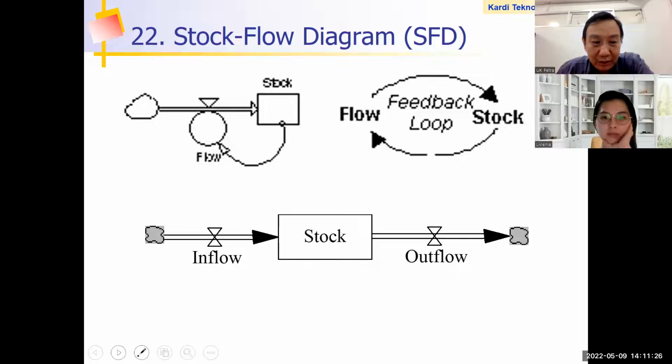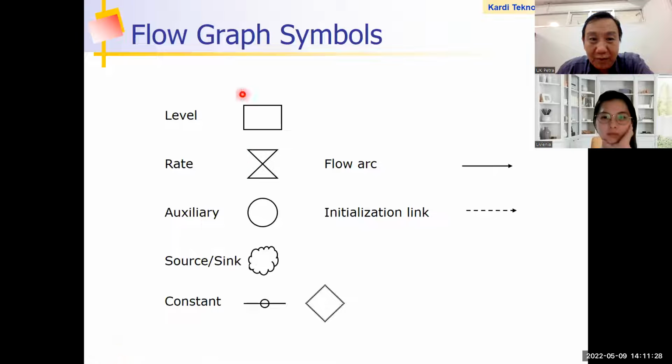So that is the diagram. Level is always a rectangle like this. Rate is like this. Auxiliary is just a variable. You can have source and sinks or constant, something like this. And then this is the flow. So now we can create a system using diagram.